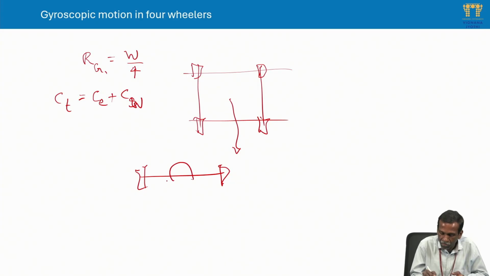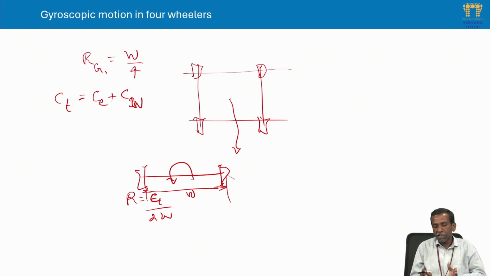Then this is the torque applied. The reaction due to this couple CT on the pair of wheels is CT by 2W, where W is the distance between the wheels, the width of the axle. Are you able to understand? Then you can apply the equilibrium equations. Total couple divided by 2W will give the reaction on each wheel.